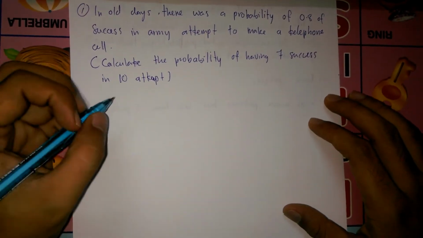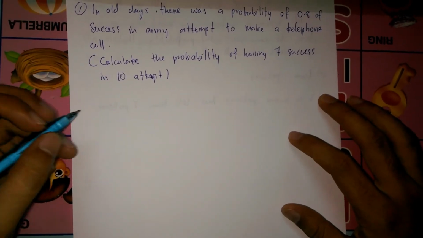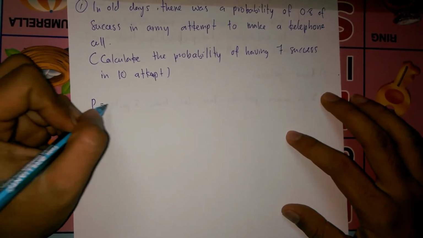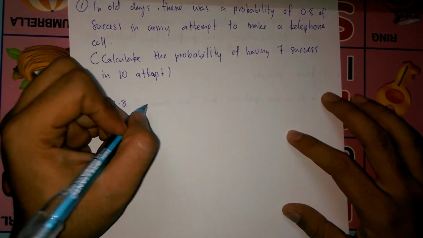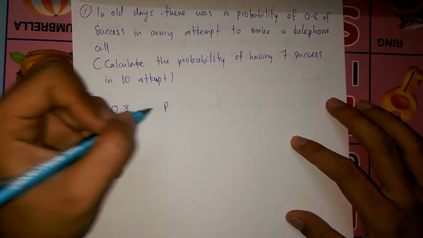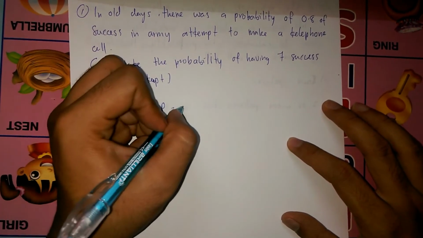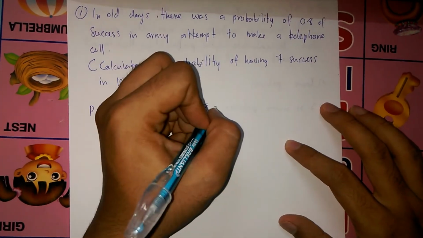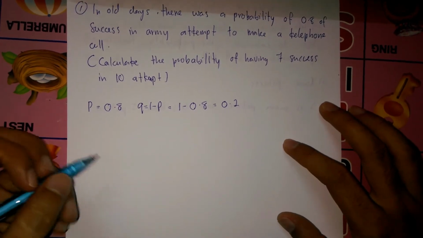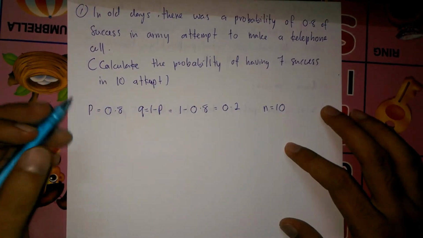So we can take out the information. P for the success equals 0.8. To find Q, we use the formula Q equals 1 minus P, so 1 minus 0.8 equals 0.2 for Q. Our N is 10, because we attempt 10 times.